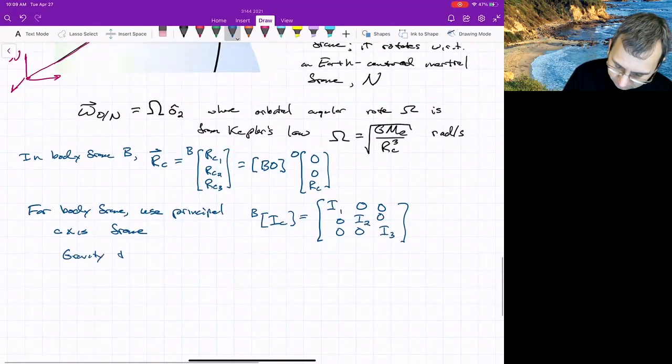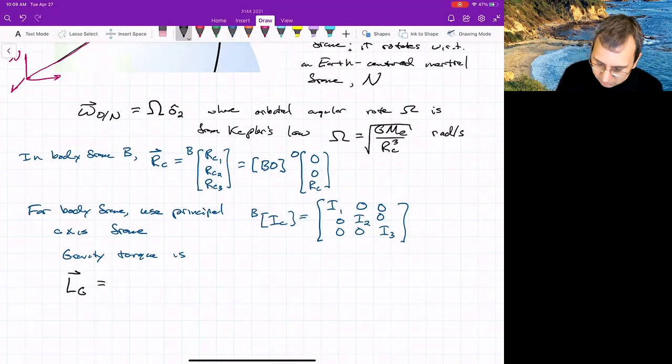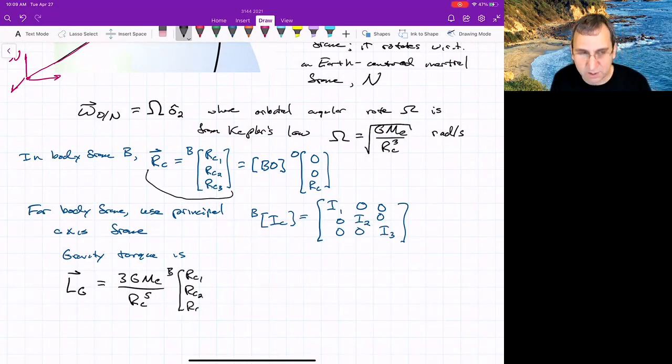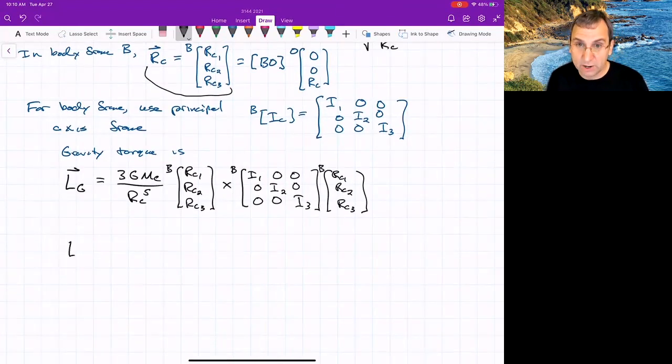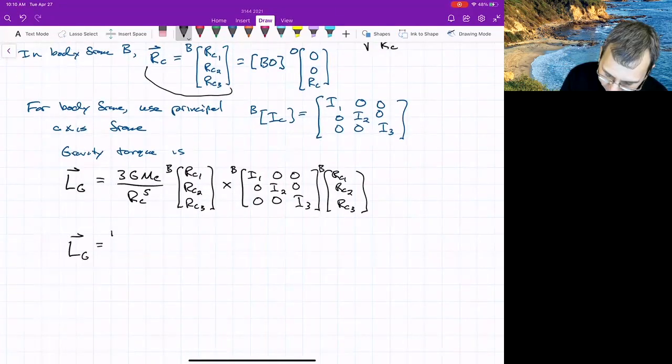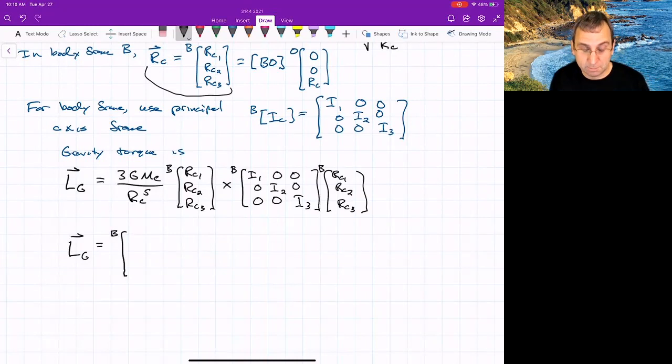Then the gravity torque, LG, is 3GM over RC to the 5th times RC written in the body fixed frame, cross this inertia matrix times RC written in the body fixed frame. But we could carry out that matrix multiplication. We're writing the result in the body fixed frame.